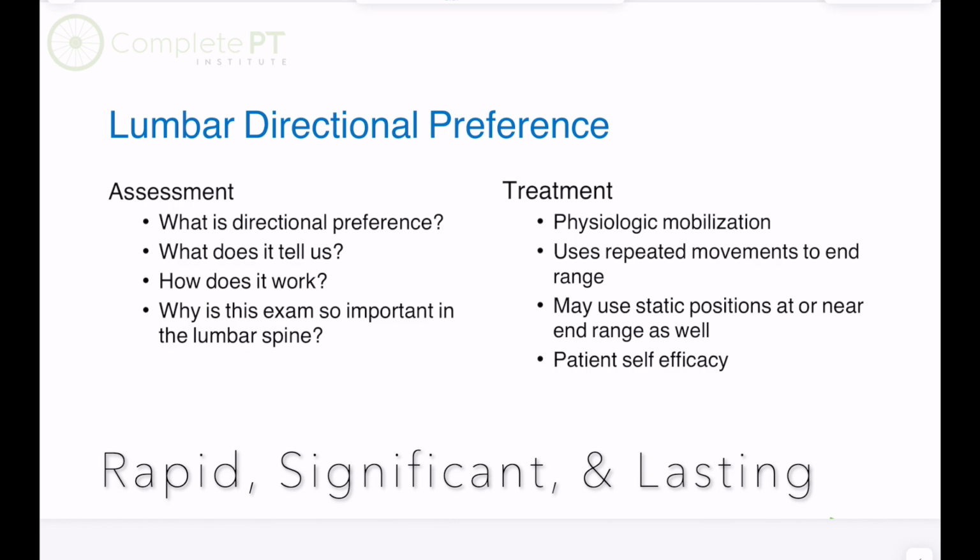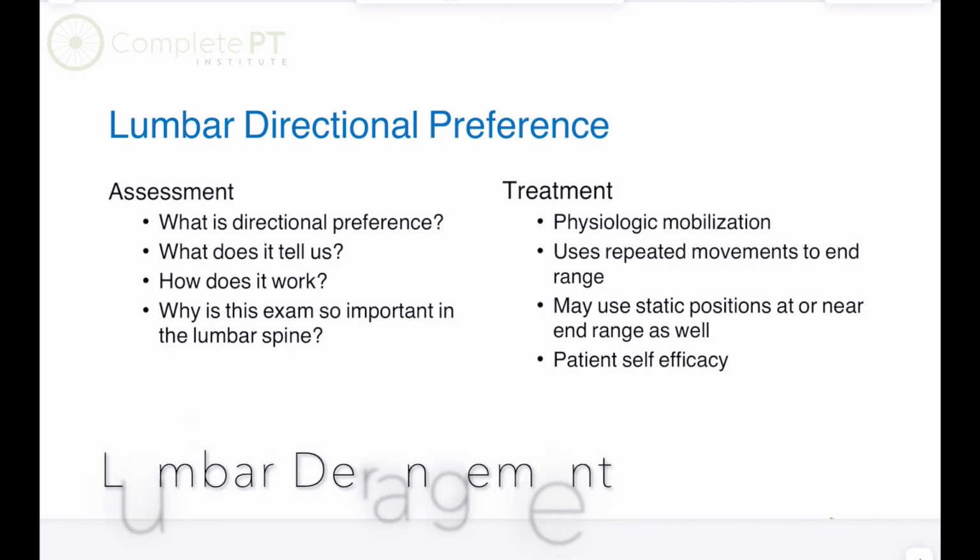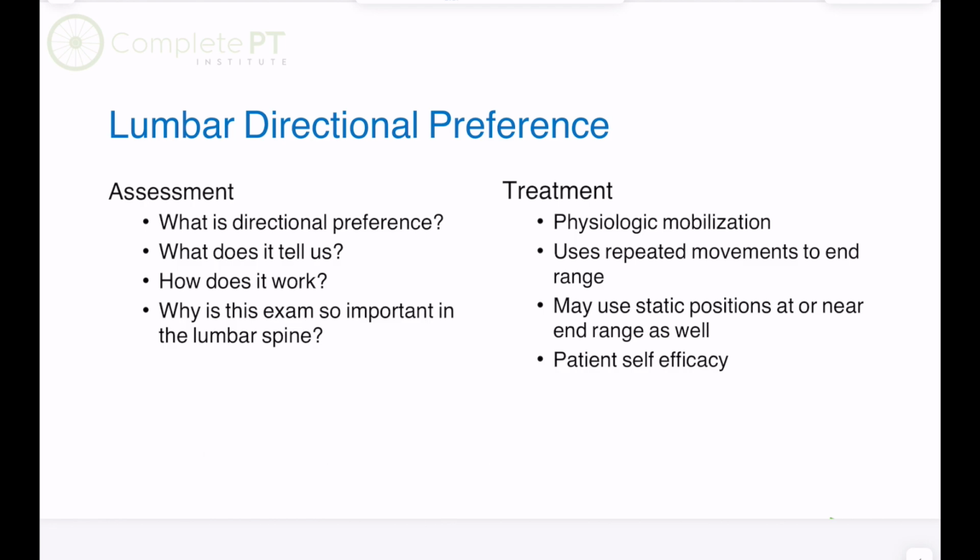That's important to memorize. So what does that tell us? Well, again, like I said previously, it tells us about a particular classification within the lumbar spine called a lumbar derangement. So we'll go over how this works, how to create the exam to make that clear.